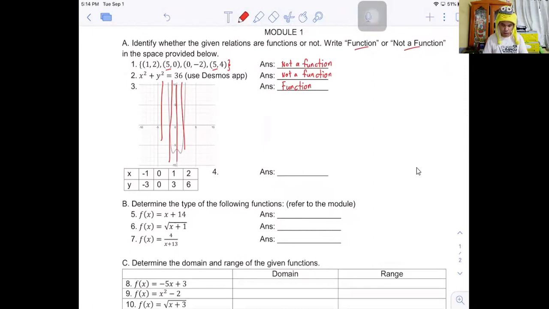For number 4, the given here is a table. It's more or less the same as number 1, just in a table. You can see that no x coordinate repeats. So that makes it a function.